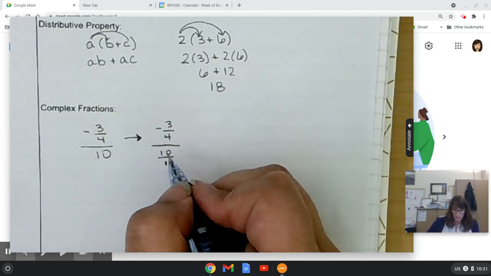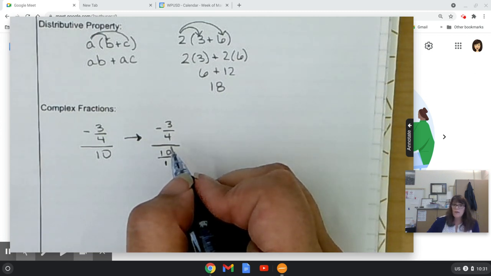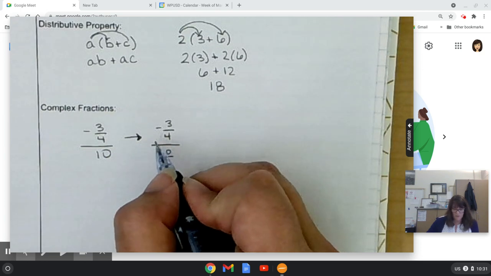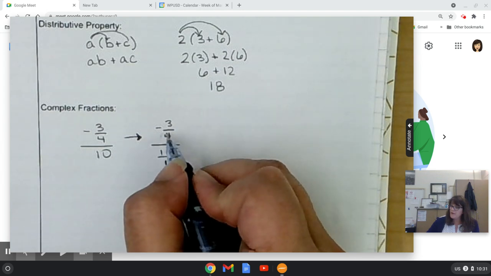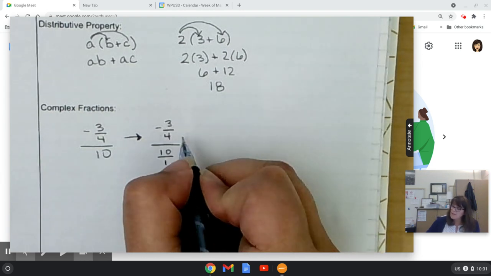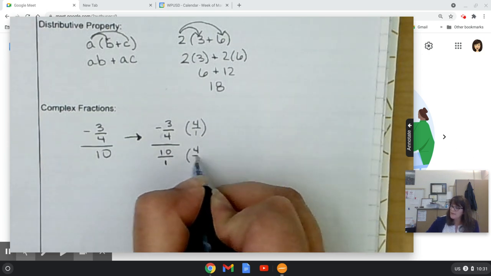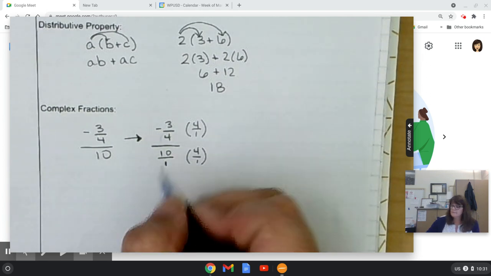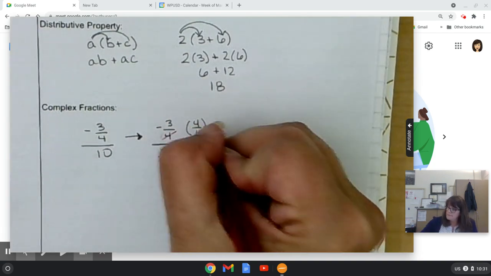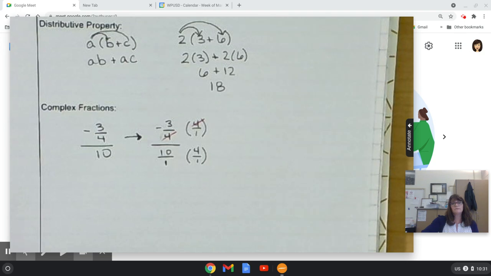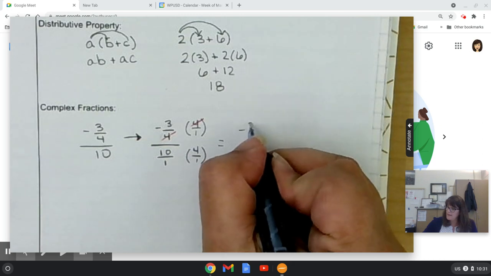In this case, we're going to multiply, okay, by the denominator of this fraction. There's a couple ways to do it, okay, but we're going to multiply by the denominator of this fraction. So if I took this and multiplied this by 4 over 1 and multiplied this by 4 over 1, then, just like what we learned when we were multiplying fractions, I just have negative 3 left.